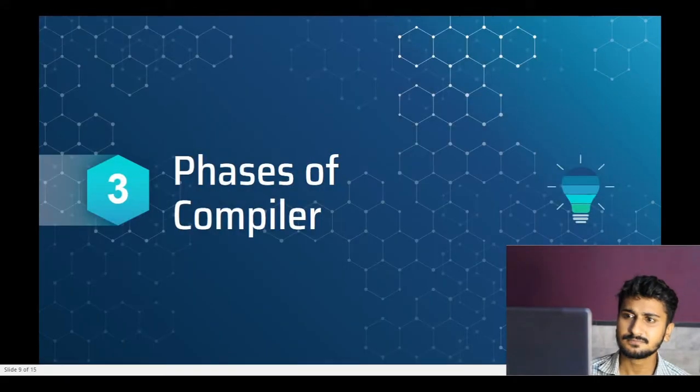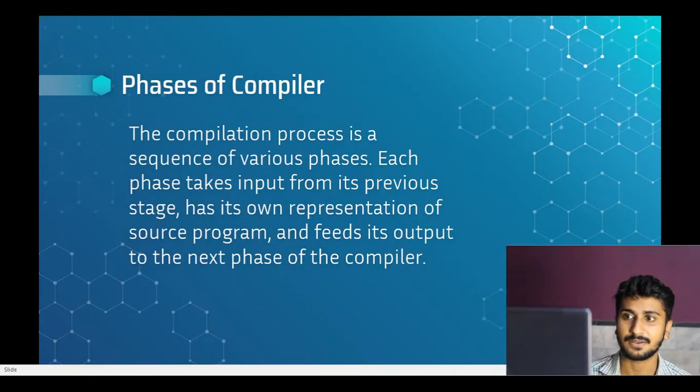Then, phases of a compiler. What are the phases of a compiler? The compilation process is a sequence of various phases. Each phase takes input from its previous stage. This means when we write code in any language and want to get output, the code is put through the phases of the compiler to get the execution, to get the output.